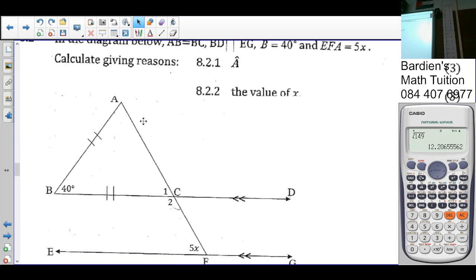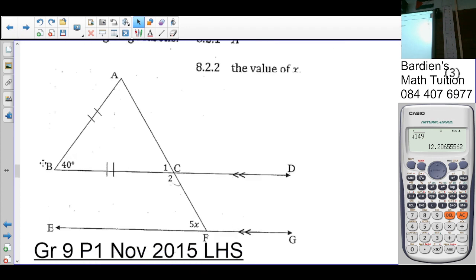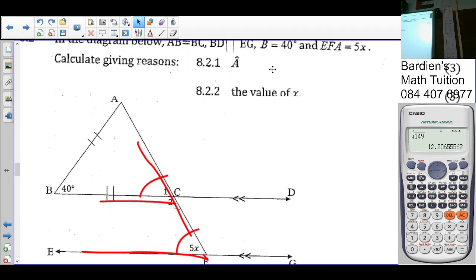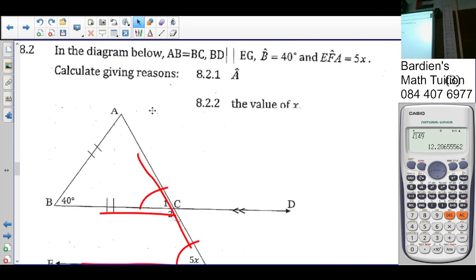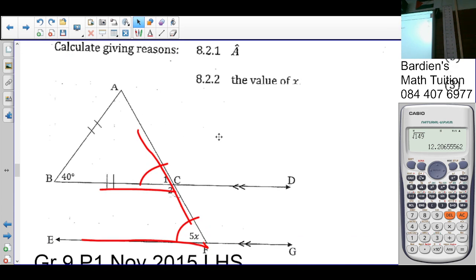So if that's the case, angle C1 and angle A are the same. Angle B is 40 degrees, and then we are told that BD is parallel. If this is parallel, we know that corresponding angles are going to be equal here. Not so? Then, we are told that angle EFA is 5x. Calculate with reasons the size of angle A.